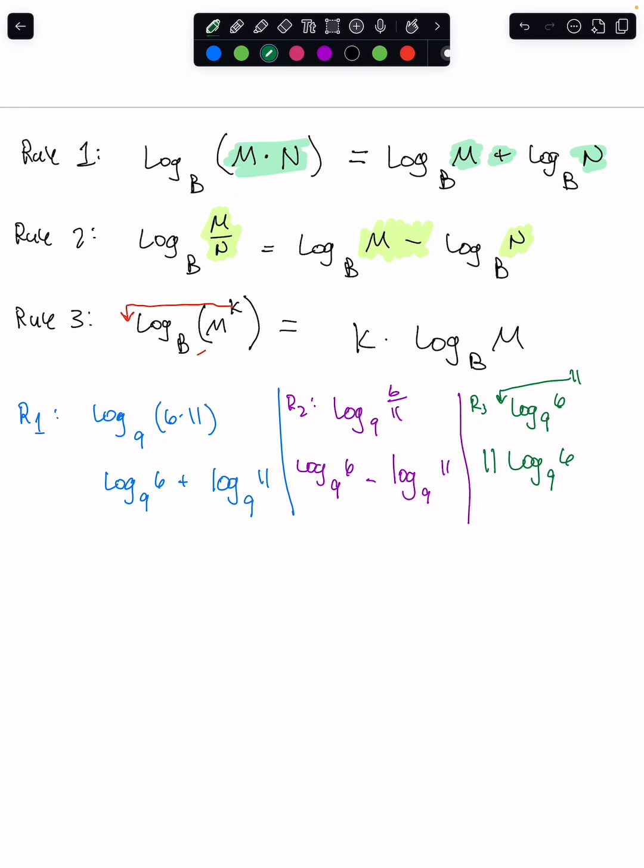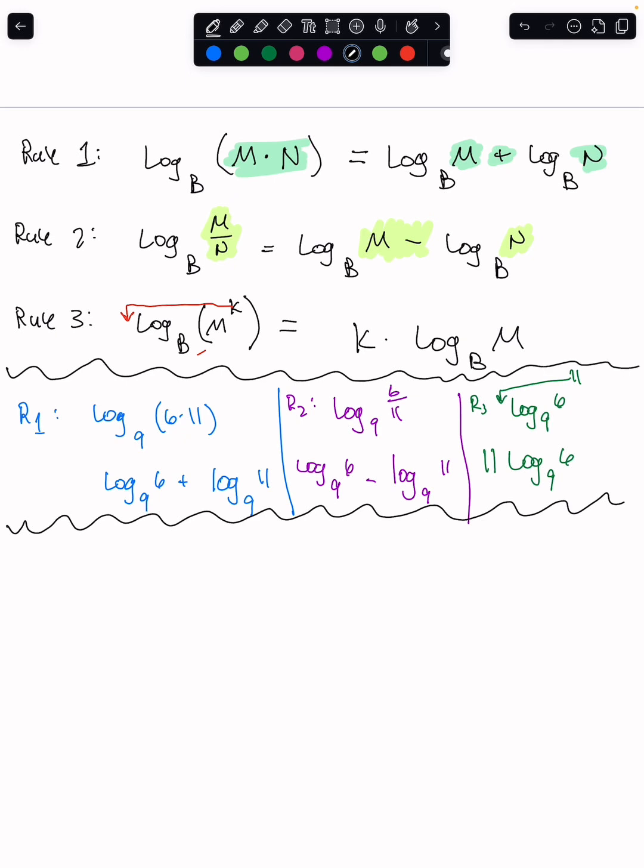All right, we're going to go into rule number 4. All right, rule 4 simply says log base b to the 1 equals 0.